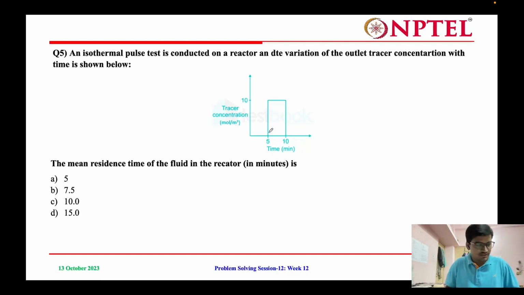So these conditions: T1 is equal to 5 minutes and C1 is equal to 10 mole per liter, and delta T1, the difference between these points, is 5, right?